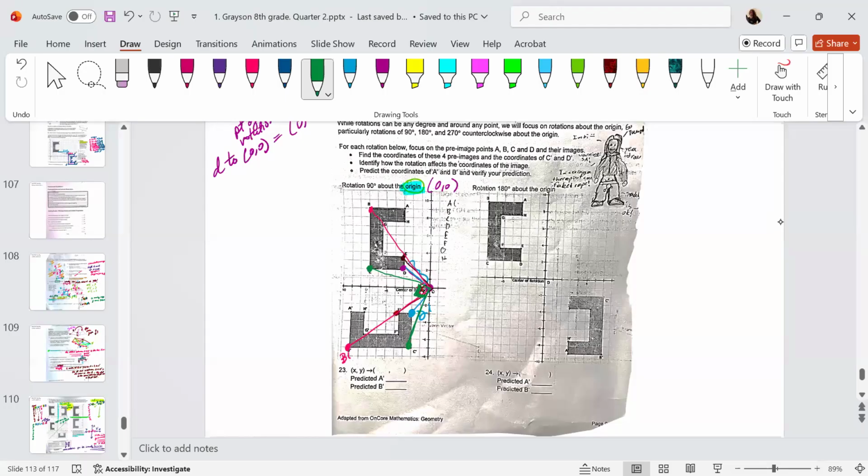So you see it, correct? So then X, Y, predict A prime. So A, what's the location of A right here? It's. Look at your paper.